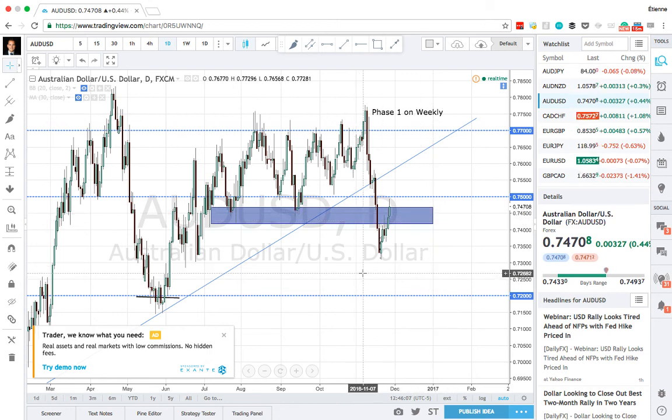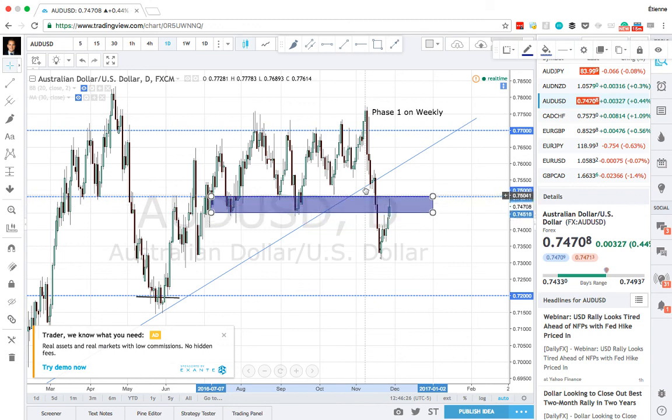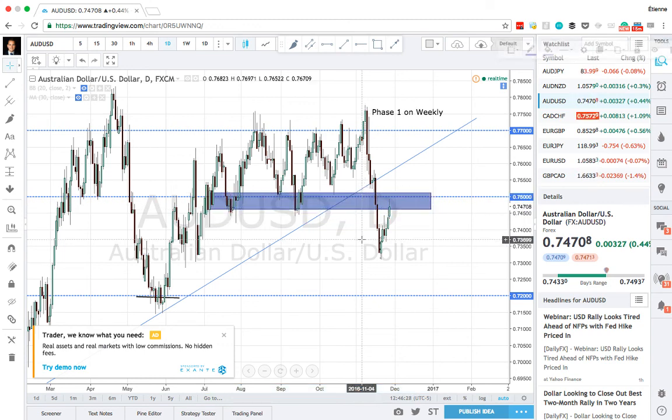When we break out, or we break down in that case, we're looking either for a retracement back to the specific level, or we're looking simply to sell on retracements. And what's happening now is that we're coming back to the 0.75 level. I had this box placed, but the box goes more here. And so we're waiting for the retracement back to this level.